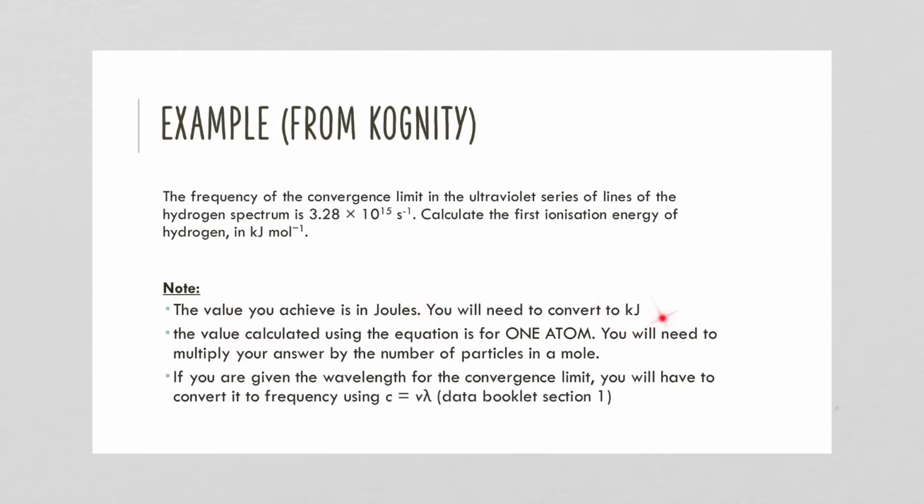You'll have to convert that to kilojoules. The value that's calculated using that equation is for 1 atom, not for 1 mole. So you'll need to multiply your answer by the number of particles in a mole. And if you're given the wavelength for the convergence limit, you'll have to convert it to frequency using this equation, which is also found in the data booklet in section 1.